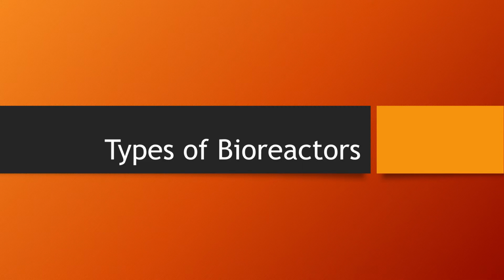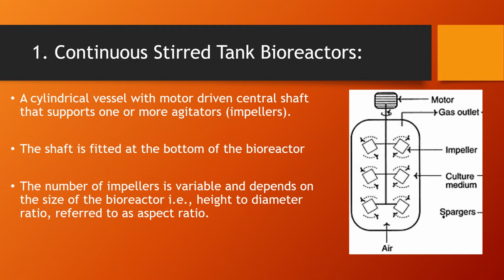So let's start. The first type of bioreactor is the continuous stirred tank bioreactor. Here there is a cylindrical vessel, as you can see over here, and there is a motor-driven shaft. Attached to it there are agitators, which are nothing but impellers.